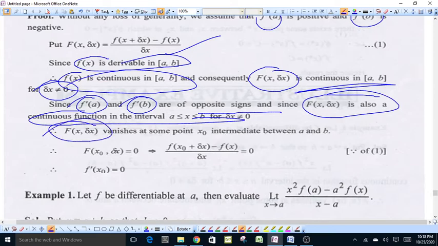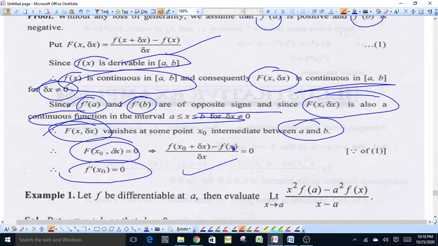This means F(x, Δx) must vanish at some point x0 lying between a and b, that is, [f(x0 + Δx) − f(x0)] upon Δx is equal to 0, that is, f'(x0) is equal to 0.